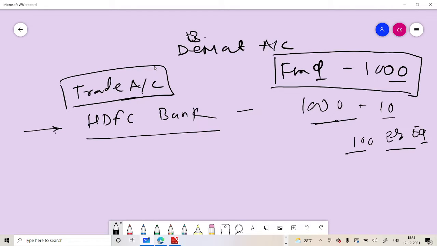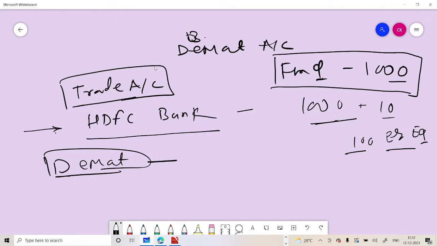So once you do this, the funds are parked in a different account, and you have a demat account as well, right? Why the demat account? See, the purpose of the trading account is that you can just send the trading request, to purchase something or sell something, to the broker. But eventually, once you purchase this, the securities will be transferred to your demat account.